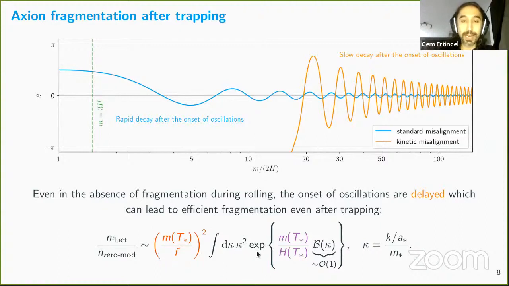But we have also an exponential enhancement from the axion mass at trapping and Hubble at trapping. So even though this quantity is quite small, if there's a hierarchy between the axion mass and Hubble at the trapping temperature, then this exponential factor can easily overcome the suppression coming from this term, and we can have order 1. So the number density in the fluctuations can be order 1 compared to the number density in the zero mode, which means complete fragmentation of the axion field.